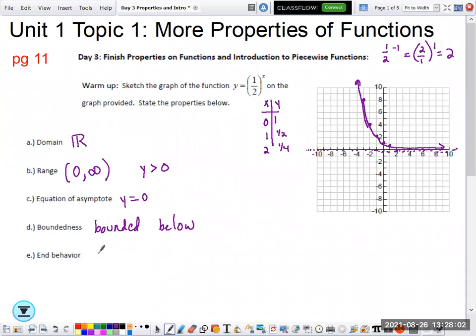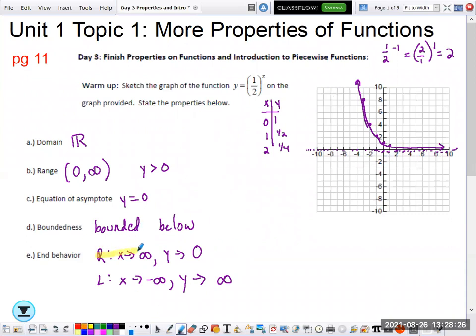below, and its end behavior, let's see. On the right, as x goes to infinity, y is approaching that horizontal asymptote at 0. But on the left, as x goes to -infinity, y is going up, it's approaching infinity. So again, I'll do a little highlight for you.